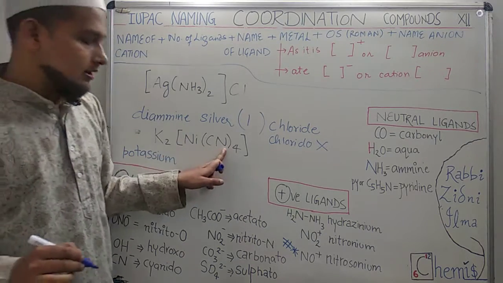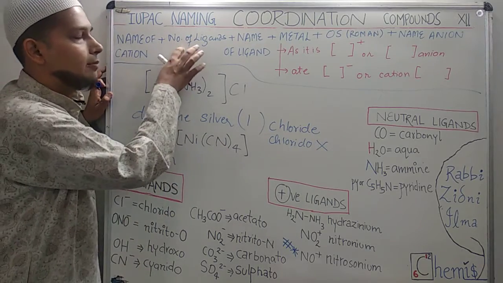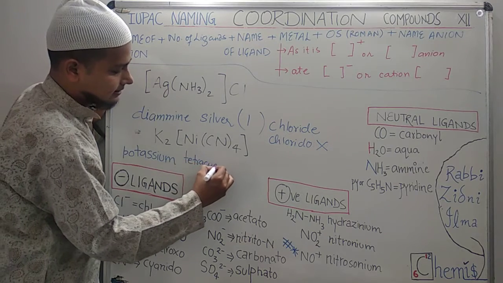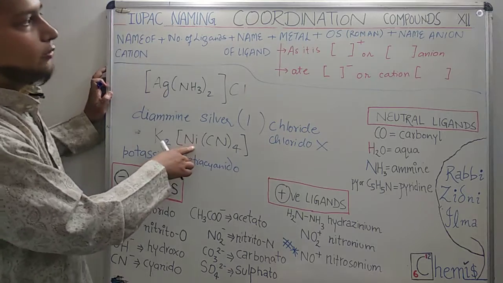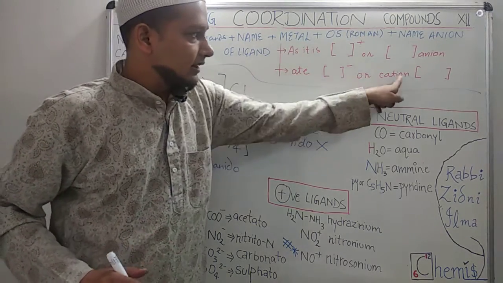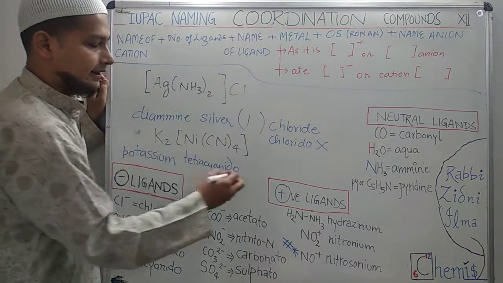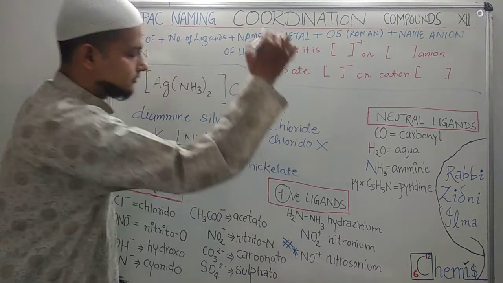Here we have 4 cyanido, that will be tetracyanido because the number of ligands comes first. Okay, now we are going to write the name of metal, nickel or nickelate. If you look, this condition is satisfied, a cation is present, so we will name this as nickelate. So the name comes nickelate.